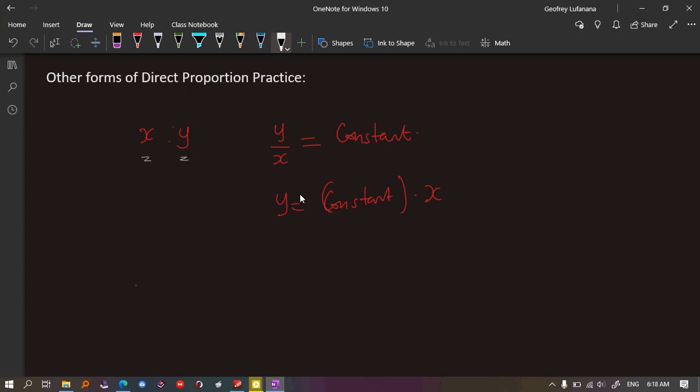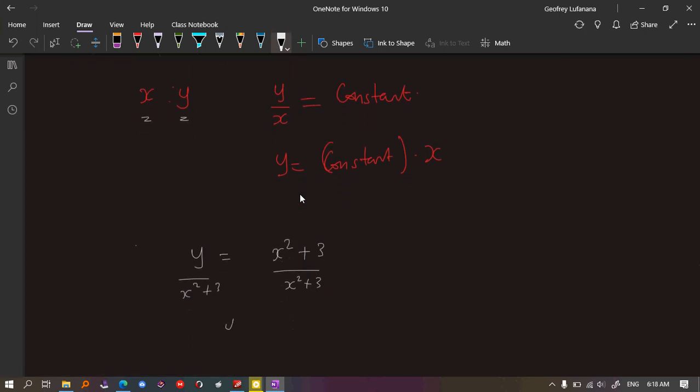For example, if the relationship between two variables is in the form of y equals x squared plus 3, I can write that if I divide by x squared plus 3 on both sides, I'm going to get y out of x squared plus 3 equals 1.